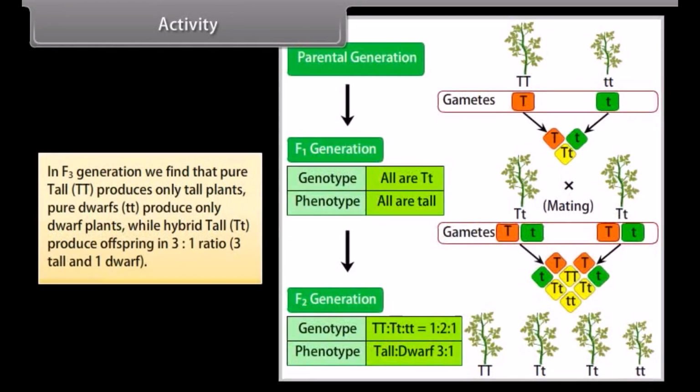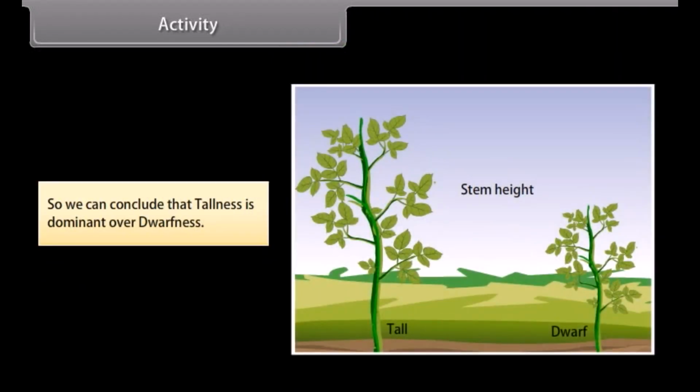In the F3 generation we find that pure tall TT produces only tall plants, pure dwarf tt produces only dwarf plants, while hybrid tall Tt produce offspring in a 3:1 ratio, 3 tall and 1 dwarf. So we can conclude that tallness is dominant over dwarfness.